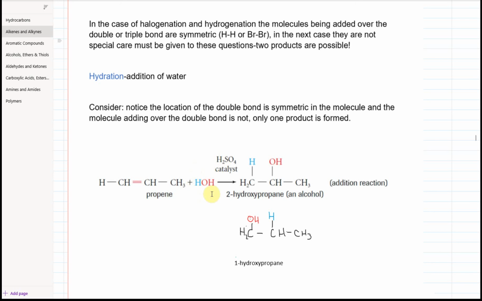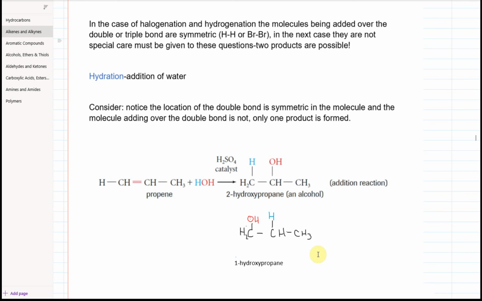If you have these conditions, both points of asymmetry, you will have 2 potential products. So this hydration example is just one. Now, it's important to know that they're not formed equally. And we're going to talk about how we predict which is the major and which is the minor product.